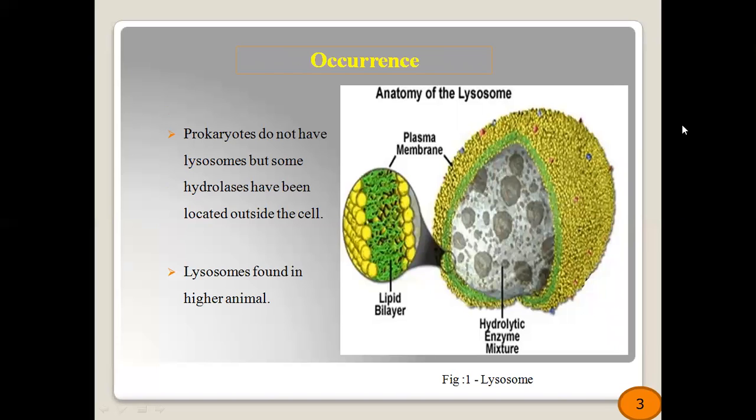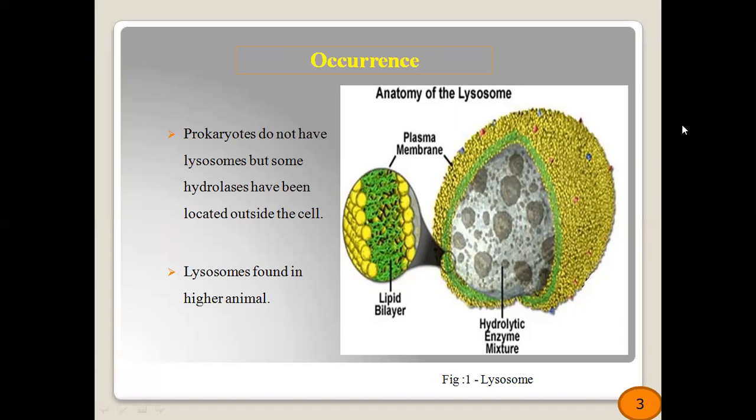So the occurrence of lysosomes is as follows. The prokaryotes do not have lysosomes, but some hydrolases have been located outside the cell, as in the picture. So basically, lysosomes are found in higher animals.